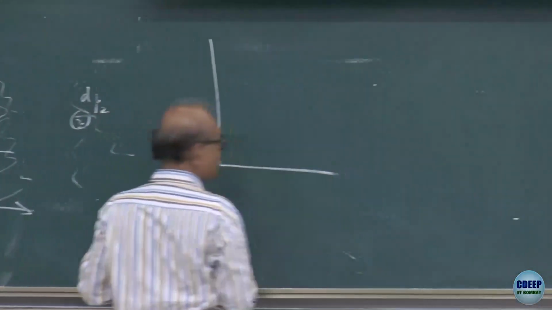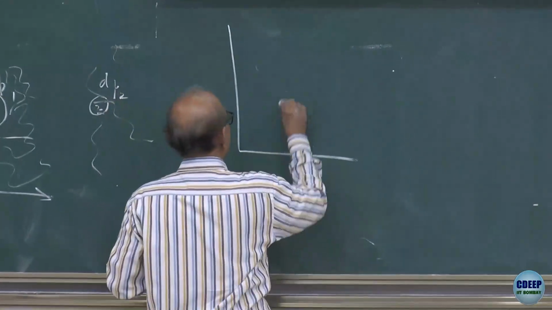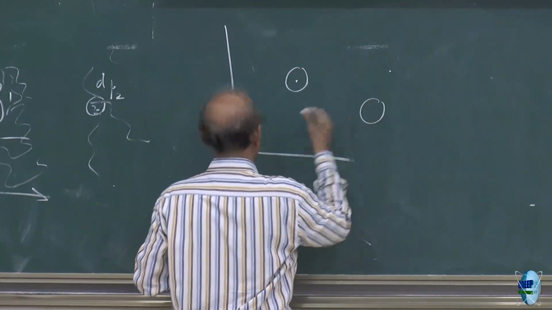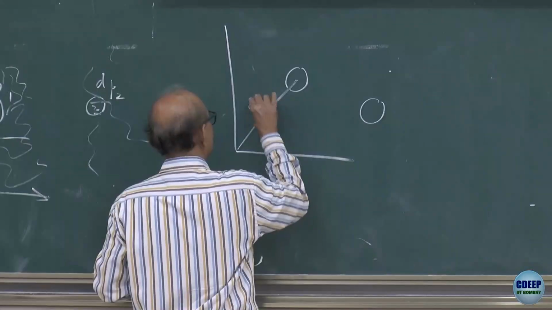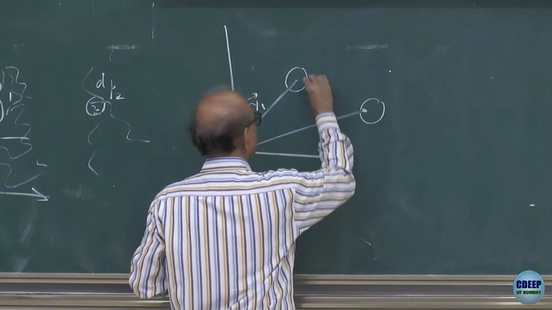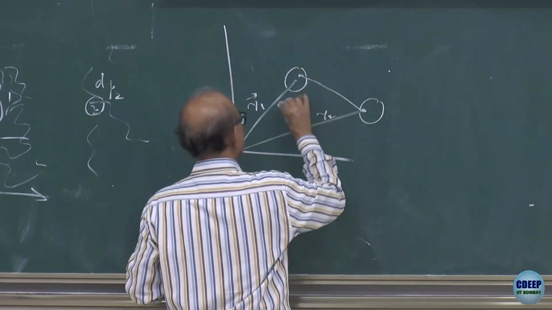So, I take the laboratory framework, I have particle 1 and let us say particle 2, this is R1, this is R2, this is R12.